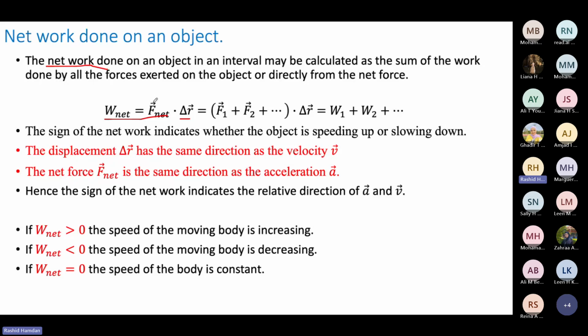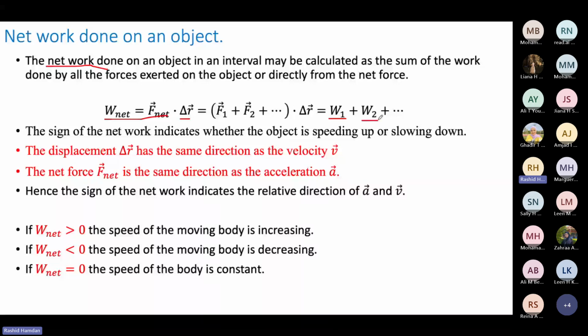But by the properties of the dot product, I can split it. So I can say F net here is F1 plus F2 plus F3, whatever forces I have, dot delta R. So I can expand this bracket. So I get F1 dot delta R, which gives me the work done by the first force, plus F2 dot delta R, which is the work done by the second force, etc.